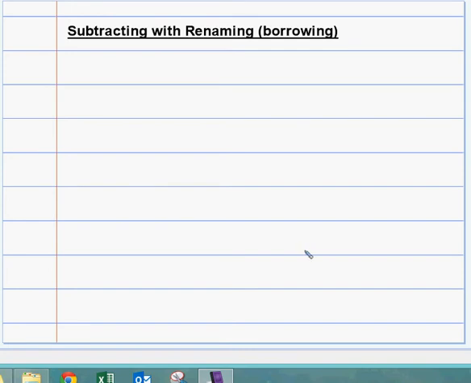Couple more examples. When you have to borrow, I told you that you might need to subtract with renaming or borrowing. So let's do a subtraction problem here. I have 6 and 1/9, and I want to subtract from that 2 and 2/3. Now, first thing, do I have common denominators?